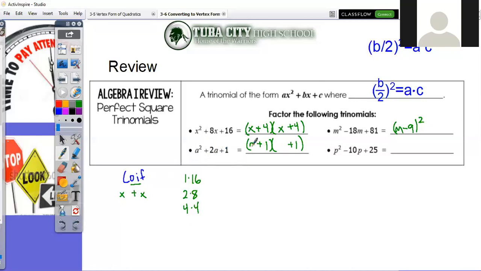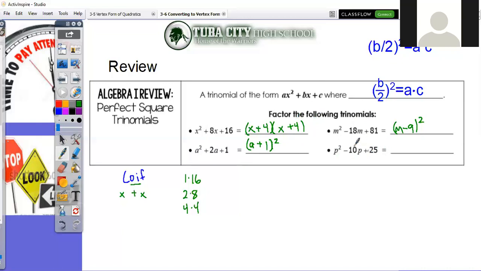And now, last thing we need to do is put in the a value, because a squared, the only way we can get it is a times a. And since they're the exact same thing in both parentheses, I'm going to go ahead and use the shorthand way of writing this, and we are going to have a plus 1 and have the whole thing squared. Or actually, we would say the sum of a and 1 squared. Because when you say the word sum, that usually means that it's in parentheses.